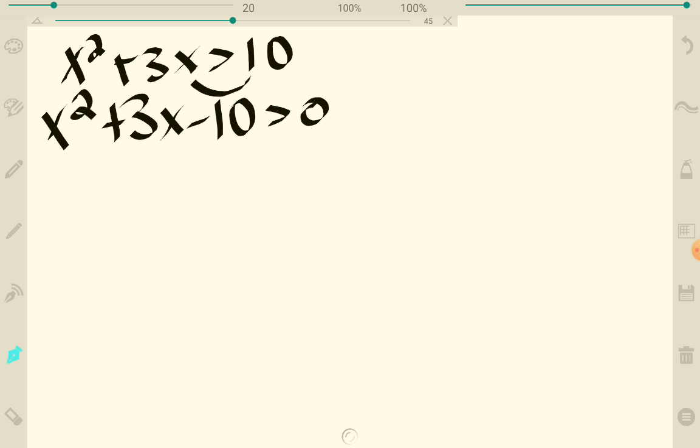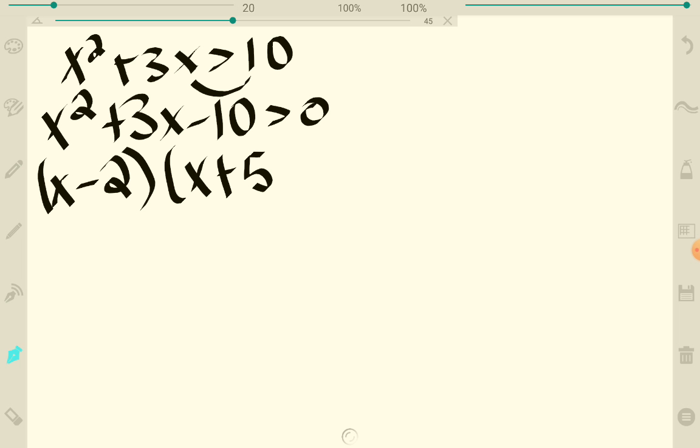So to start off, the factors of 10 are 5 and 2, and 1 and 10. So 5 and 2 subtracted would make 3, so we would do x minus 2 times x plus 5 is greater than 0.